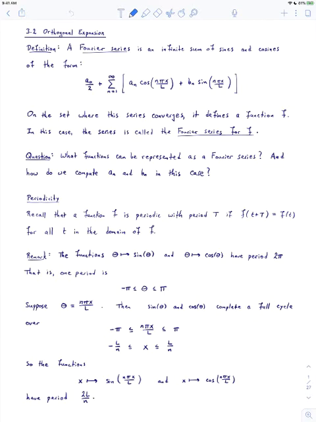We have this a0 over 2 term, which is the constant term, plus the sum n equals 1 to infinity of these terms, which we call the nth harmonics. So it's an times cosine of n pi x over L plus bn times sine of n pi x over L. In a sense, this a0 term should go in here.